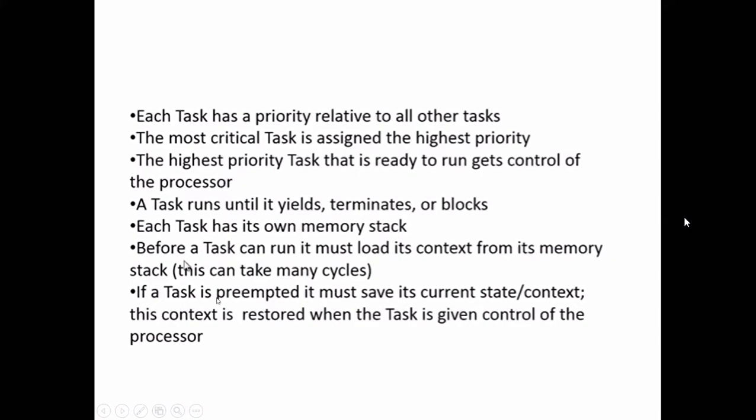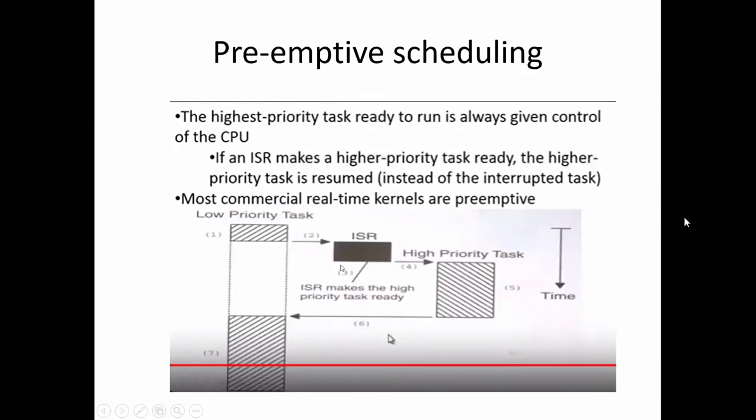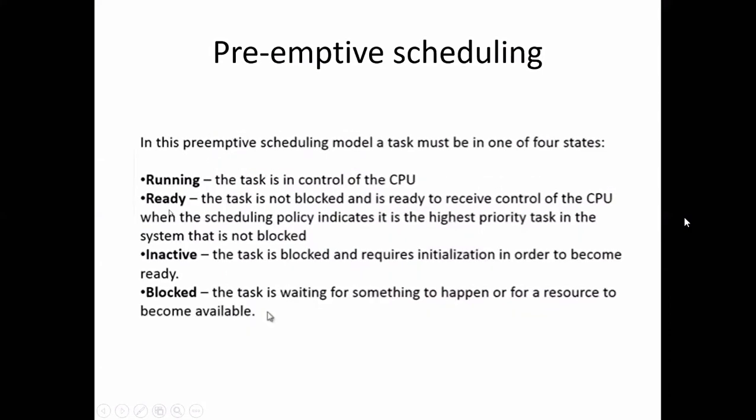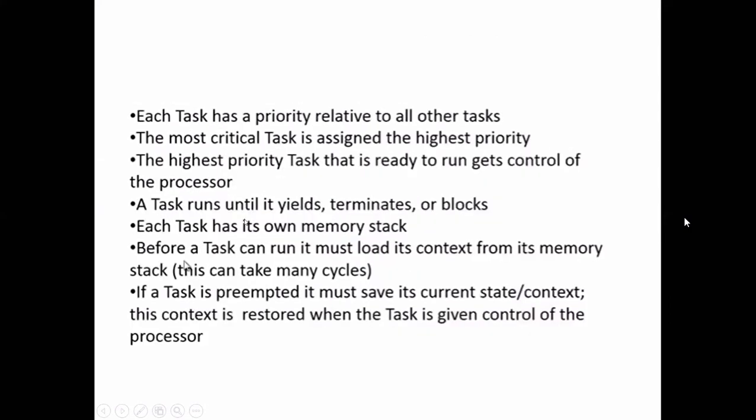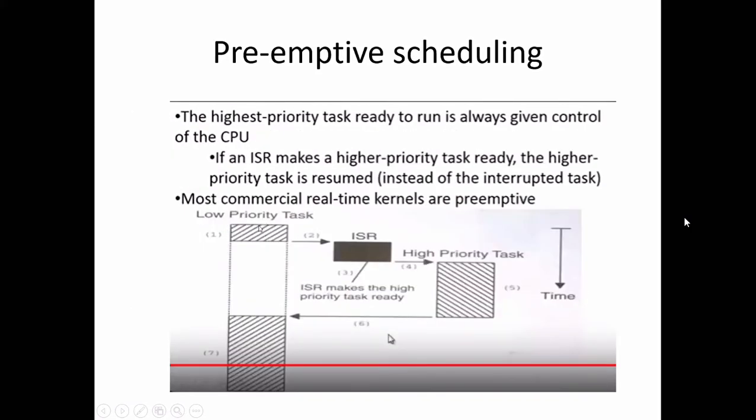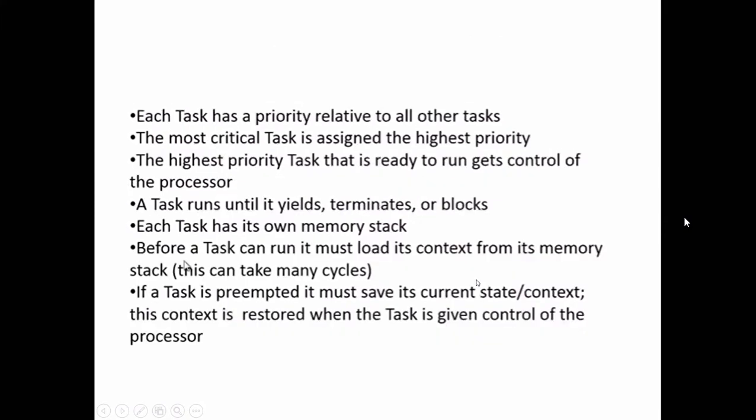Please go through it. Whatever we have studied is already here, but you need to explain this diagram more in the context of running, ready, inactive, blocked, which is explained here. See, that is ready. First it is ready to run, gets control of the processor, the task runs, this is the ready state. When a low priority task is running, the higher priority task is in the ready state.